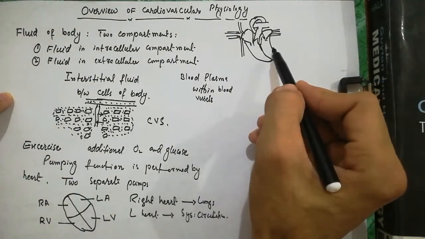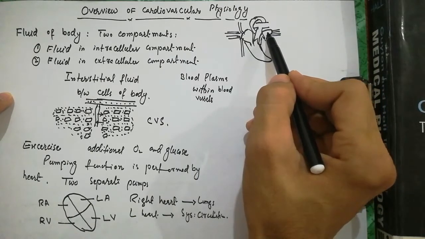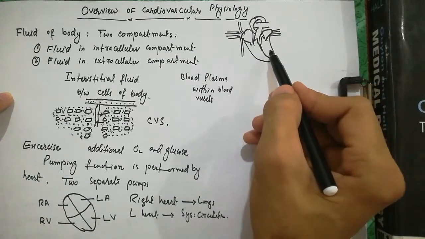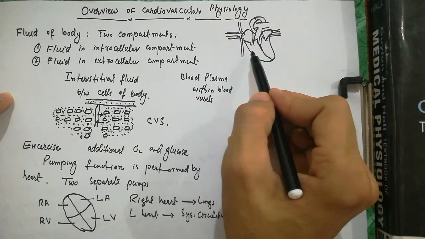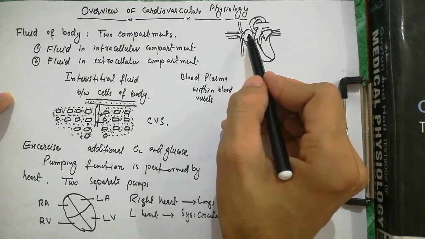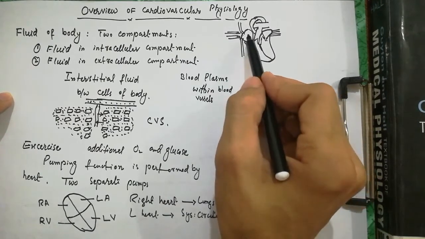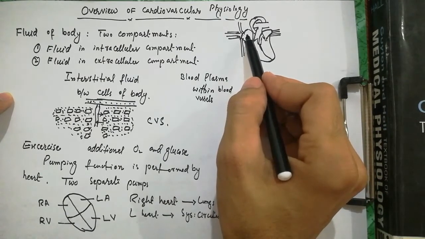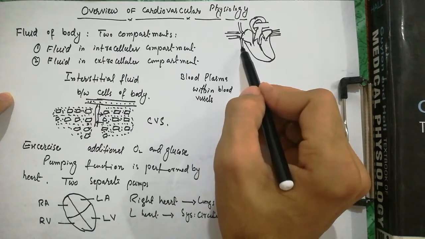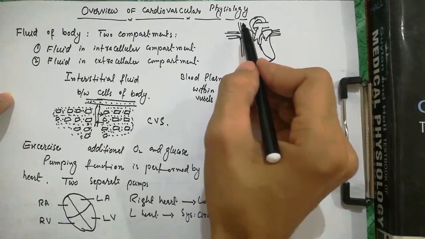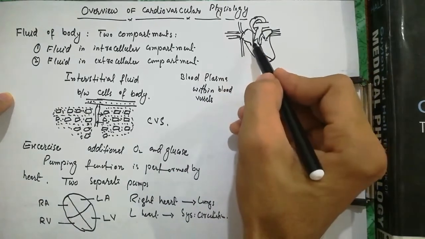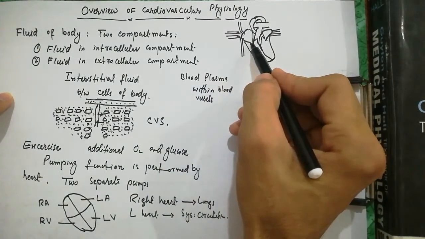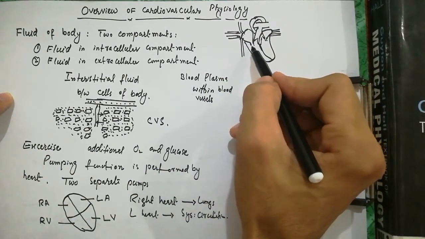This is left atrium, this is left ventricle, this is right ventricle, this is right atrium. The right atrium receives the inferior vena cava and superior vena cava. This is the right atrioventricular valve or tricuspid valve.